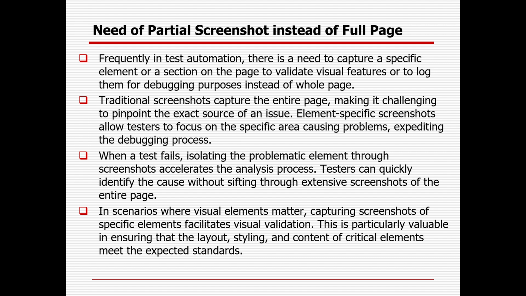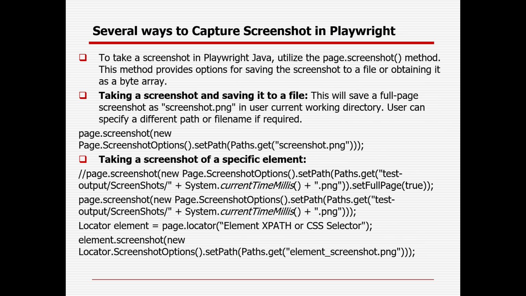This is particularly valuable in ensuring that the layout, styling, and content of the critical element meet the expected standard. So sometimes instead of capturing the full page, we can capture the element level, locator level, or a partial part of the page.